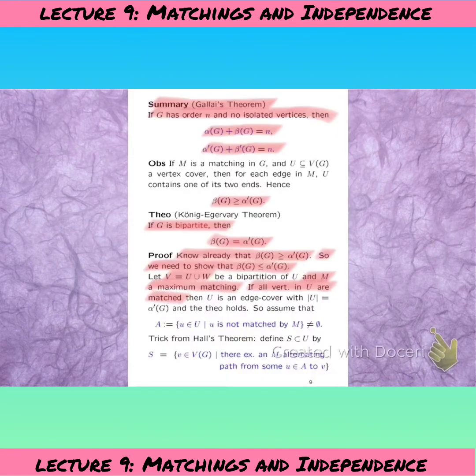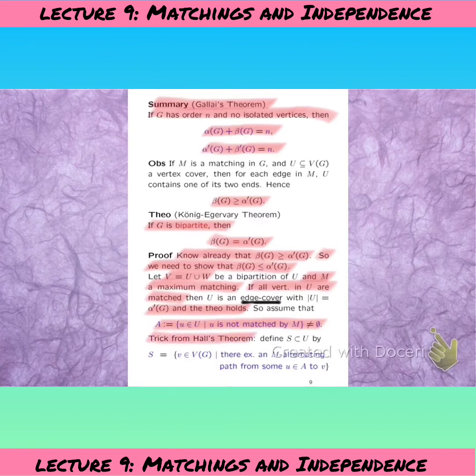So this must just be changed to vertex cover, right? Okay, so then the theorem holds. So what we do now is we define the set A. It's a subset of U, and it's just all the vertices that are not matched by the matching that we're talking about. So we let A be the collection of all unmatched vertices.